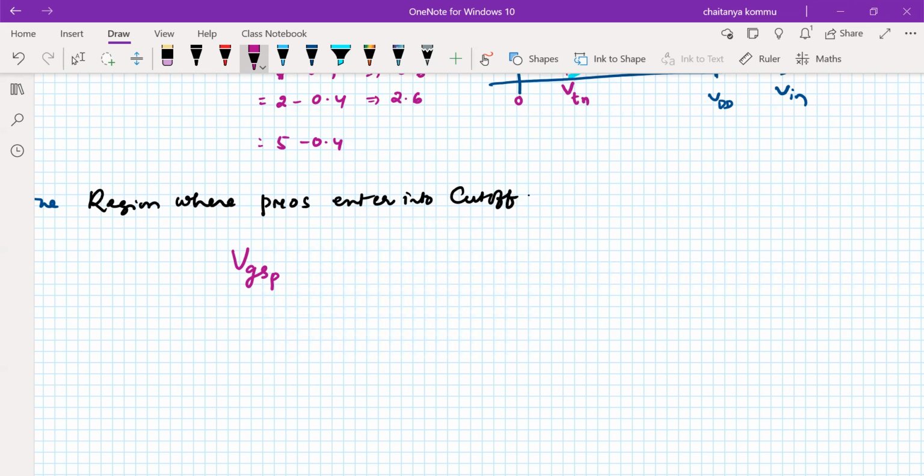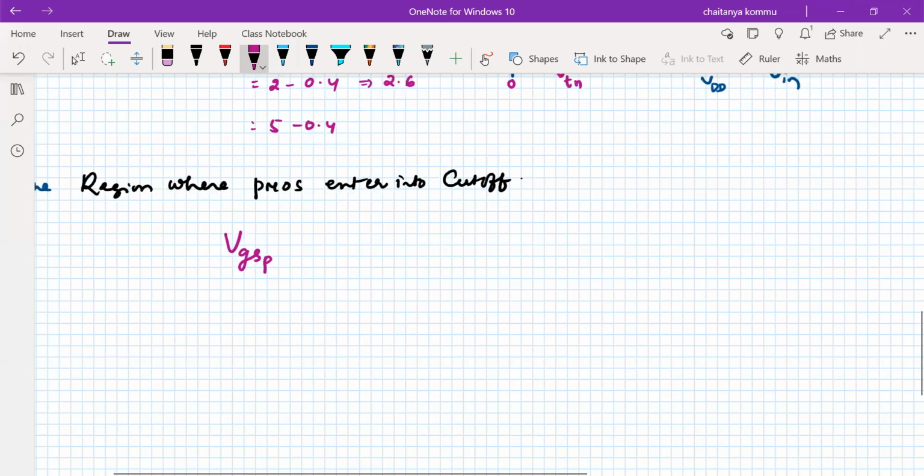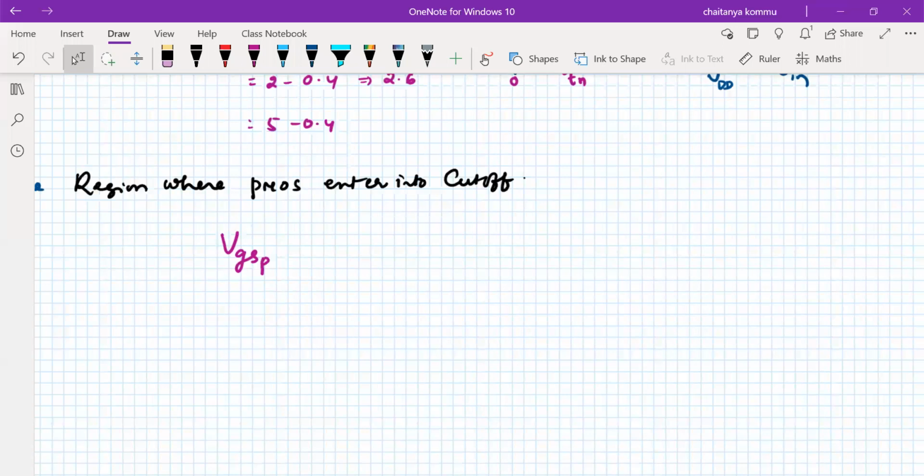It is greater than the threshold. Someone said to add a modulus. Yes, that approach is also there, and we can do it according to that approach, but I'm not doing it that way. I'm doing the physical orientation. I'm not using any modulus values. Whatever the physical values are, negative values included, I'm playing with that only. That's the reason.